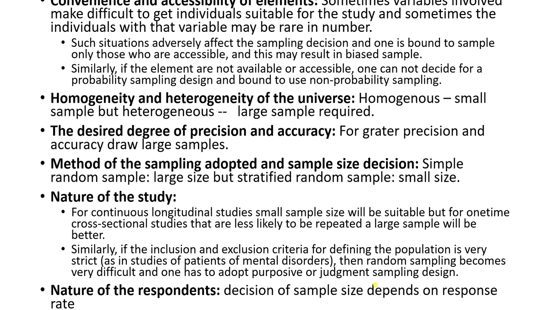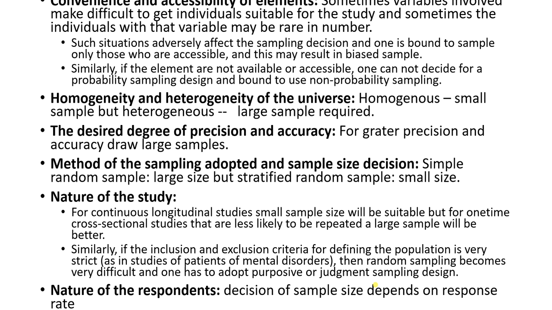Similarly, the nature of the study also influences the sample size decision. If we are going to conduct longitudinal studies, say for several years, then it is not affordable to have a very large sample size. But if we are doing a cross-sectional study, then we can go for a larger sample size.